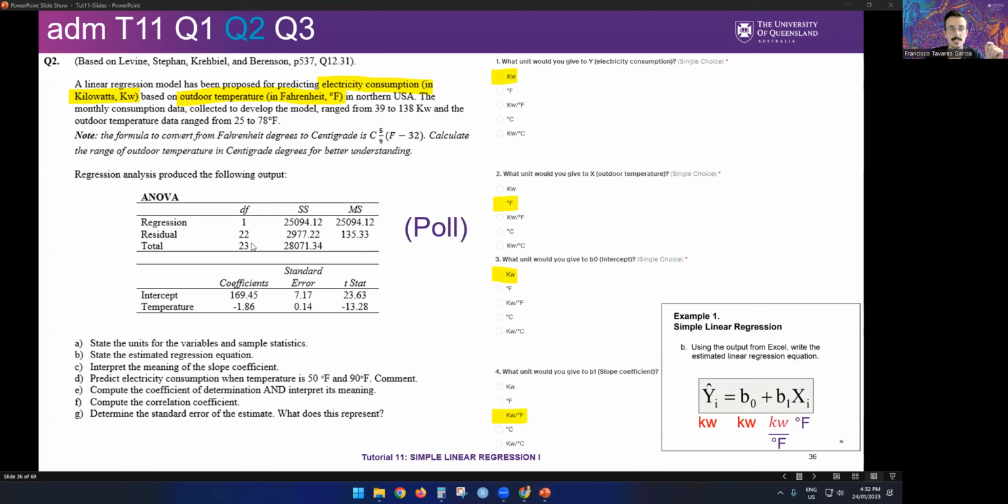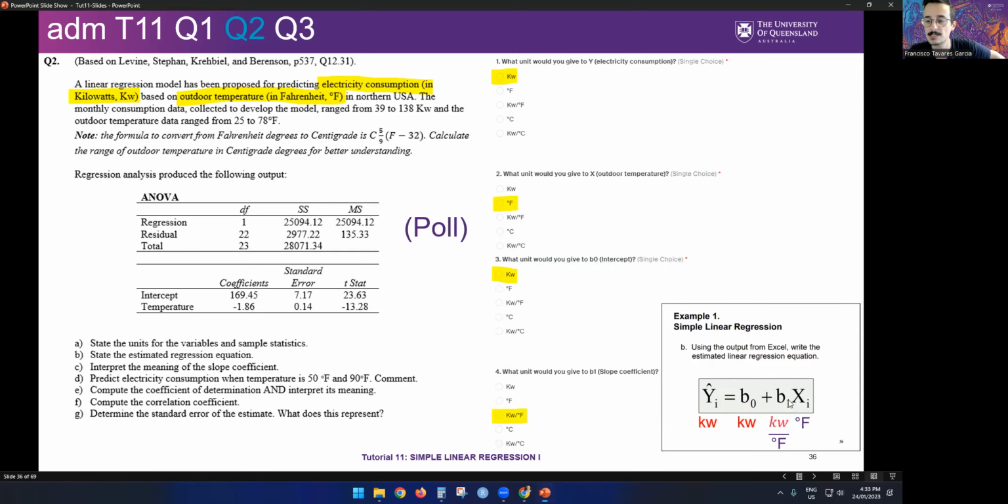Now it's the interesting part of interpreting the regression equation. Beta 0 is the same unit as Y, because we're trying to calculate the electricity consumption, right? And beta 0 is just the value that it receives when X is equal to 0.